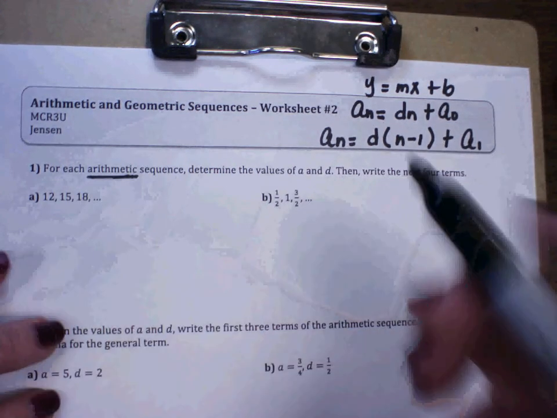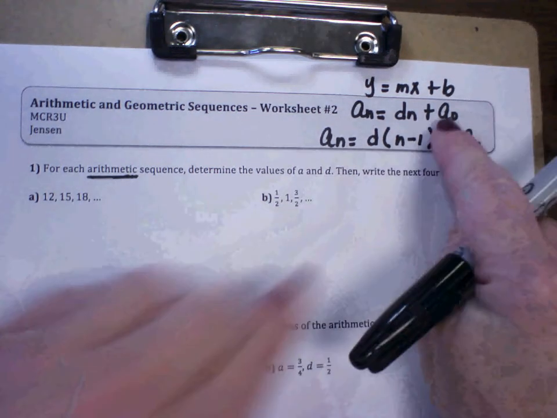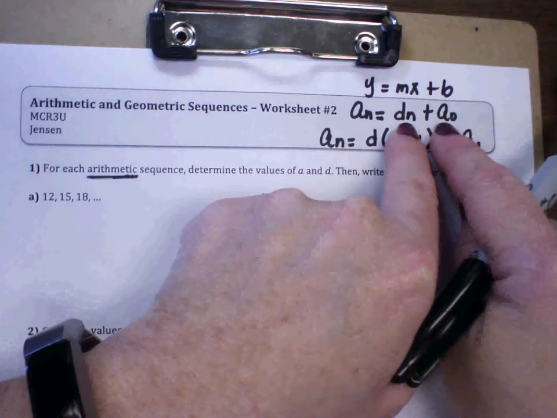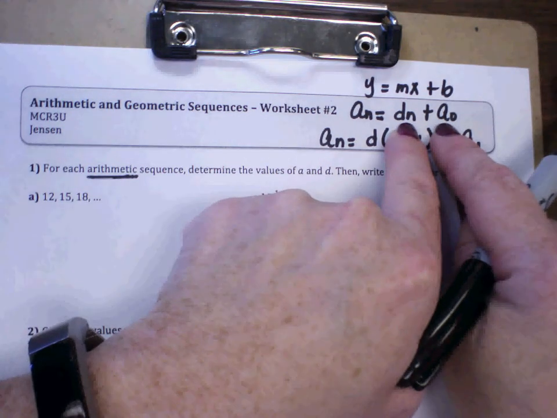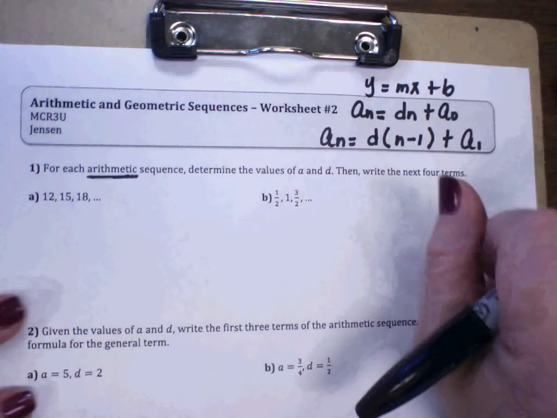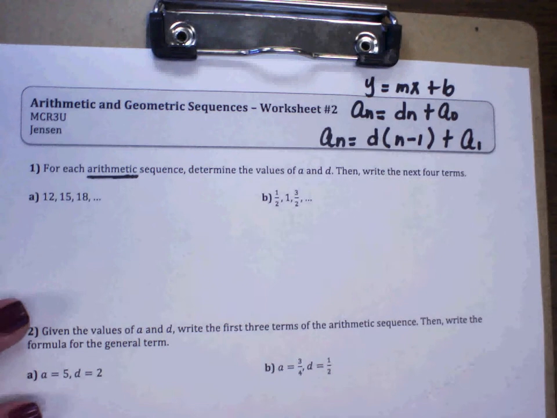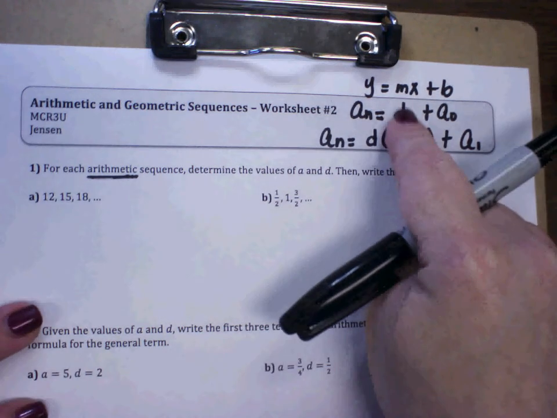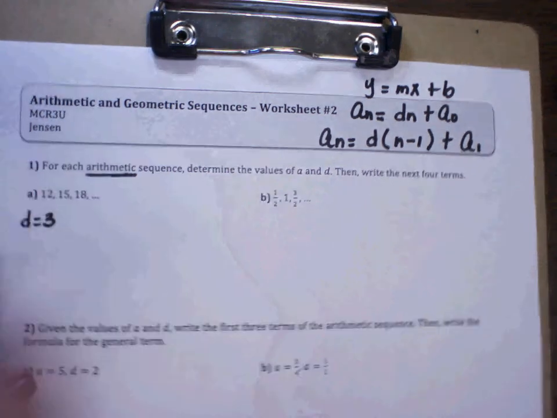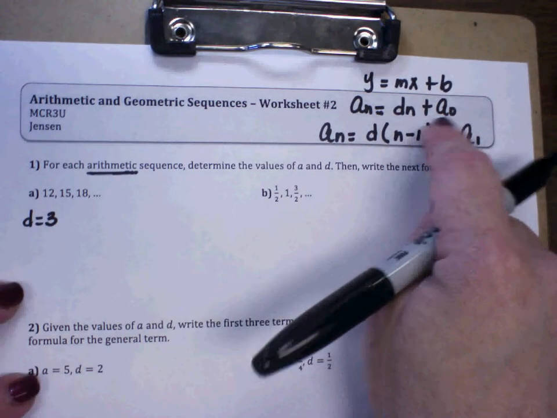I need A and I need D. What is D? D is 3 because that's the constant rate of change, right? And that's my slope. Yes? So D is 3. But I need A, which is A of 0.